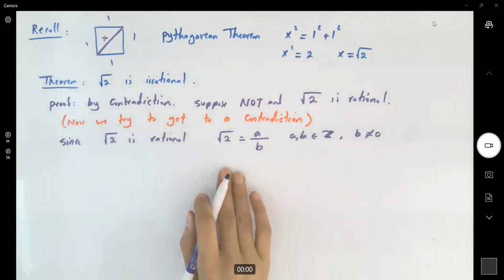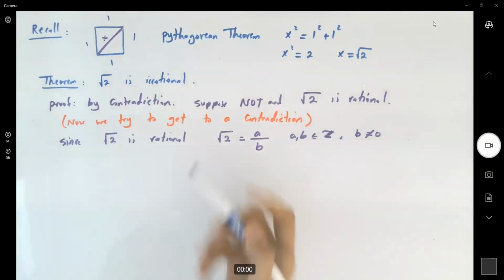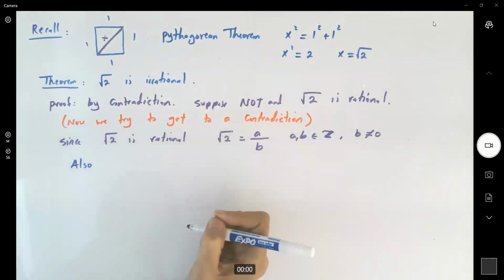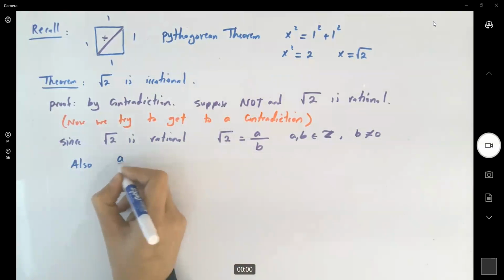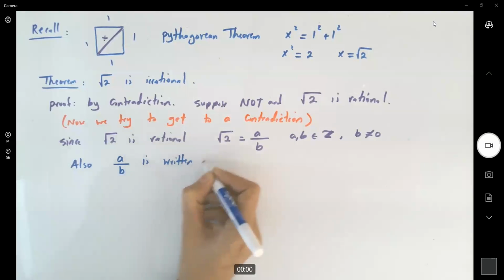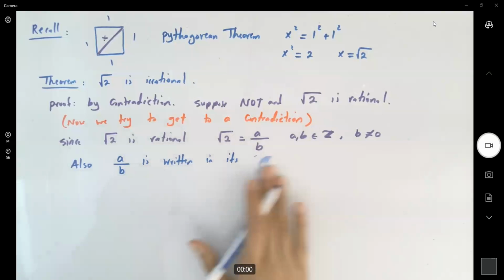Also, guys, take a look. Also, I'm going to impose this condition. Also, a over b is written in its reduced form.